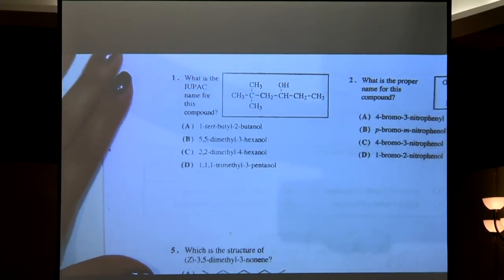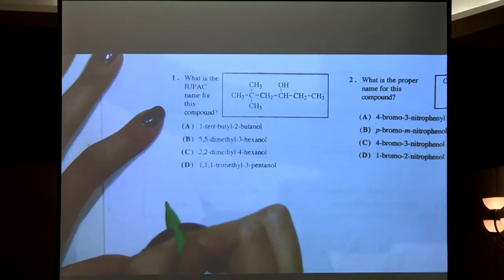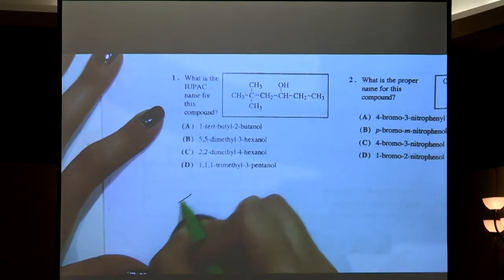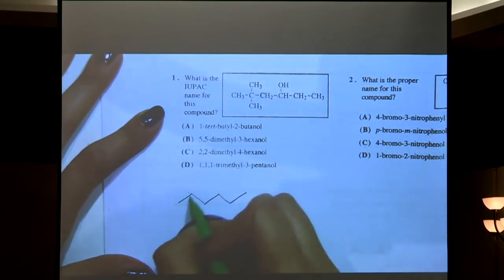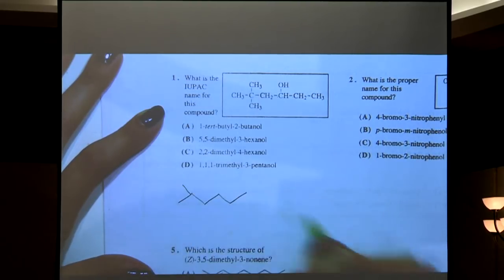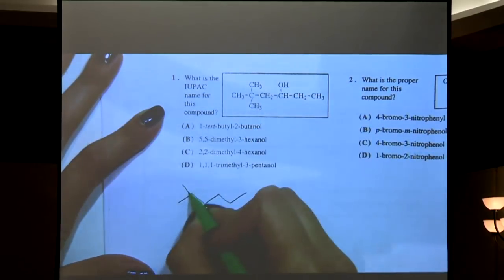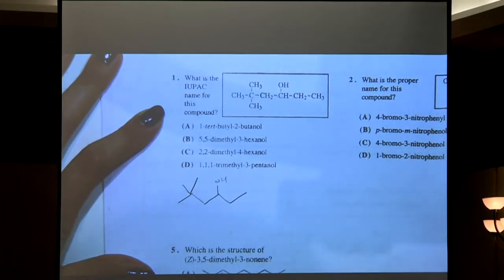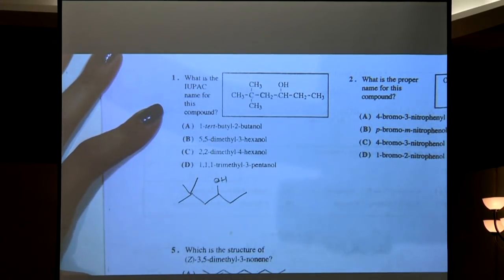All right, we're going to look at this one first. It's another naming one, so same thing. For me, it's easier to just draw the skeletal structure, so I'm going to do the same thing again. In this case, are we going to number it from right to left or left to right?